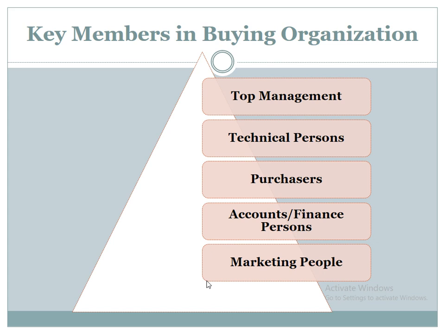Now, who are technical persons? The technical persons are designers, production managers, maintenance managers, quality control managers, research and development managers, and industrial engineers. Generally, they are involved in the product specification or description, technical evaluation of the offers received from the suppliers, and negotiation with the suppliers in terms of specifications or characteristics they want.